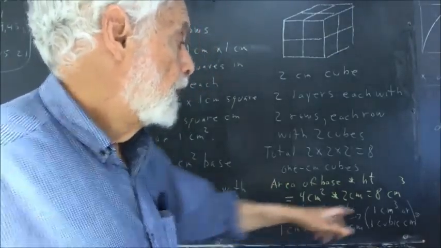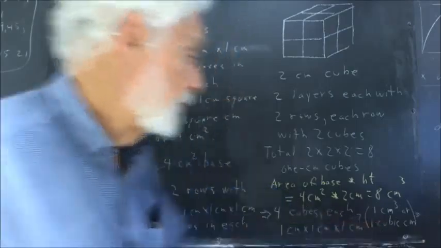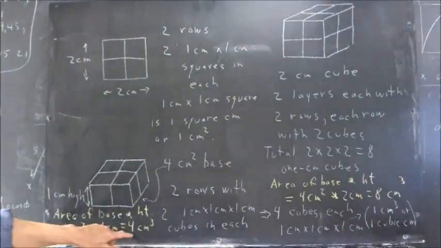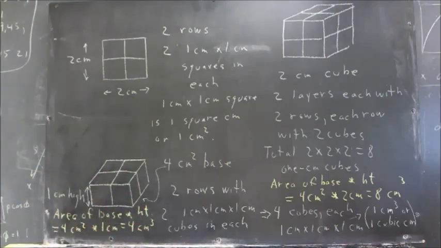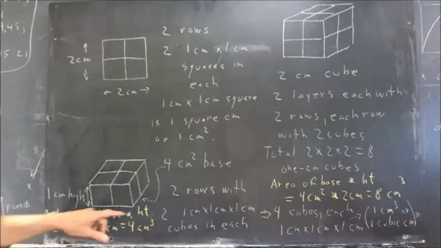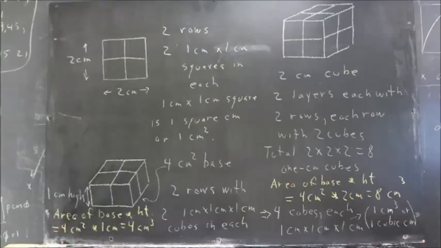That gives us 4 centimeters cubed, or 4 cubic centimeters, and that's what we get when we multiply the area of the base by the height. So in some sense, multiplying the area of the base by the height of a rectangular solid is going to give us the volume, the number of cubic centimeters that would fit inside.